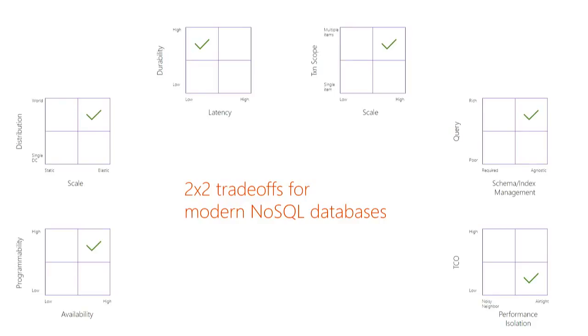So how do we solve this problem? Do we just throw away transactions to be able to scale out? Well, it turns out it's pretty hard to develop an app if you don't have transactions. So how do we scope that transaction so that you can get transactional semantics across multiple records while still doing this at scale?